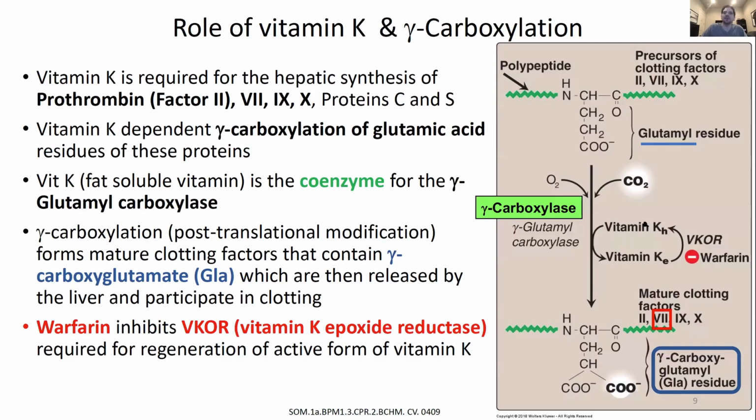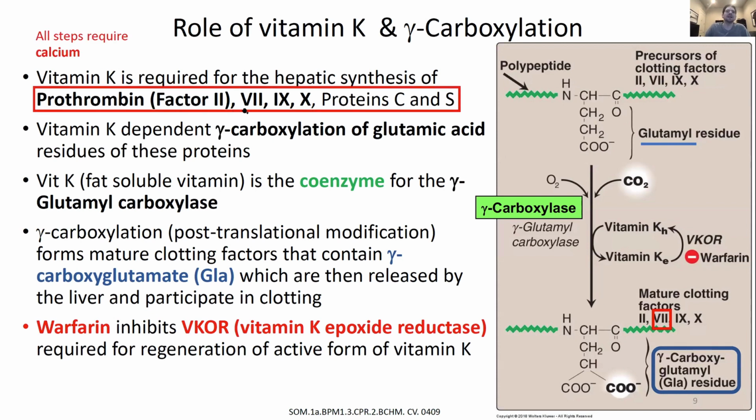Okay, fibrinolysis. Major thing here is after you make a clot, you've got to break it down. So vitamin K is a huge factor here. Factors 2, 7, 9, and 10, or I think it's 1972, that's how some people remember it, are going to be the clotting factors or the coagulation factors. So remember that all of them need calcium, right?